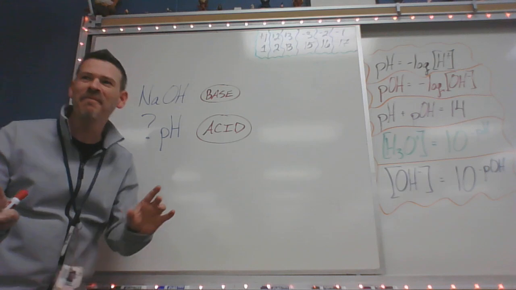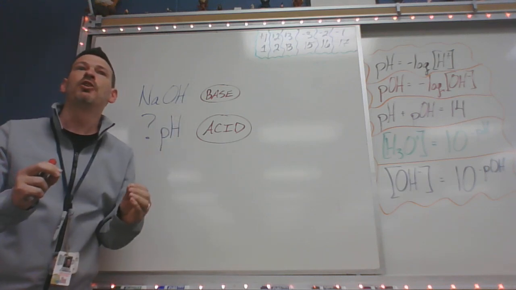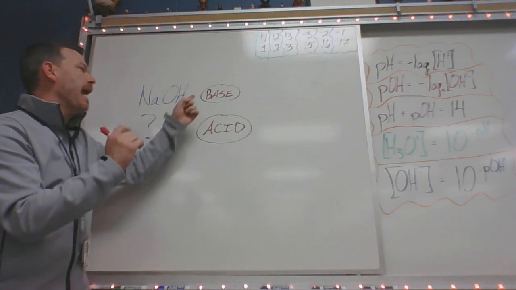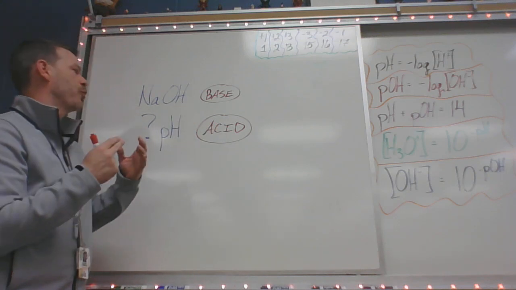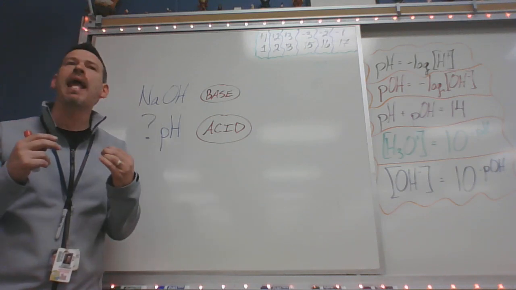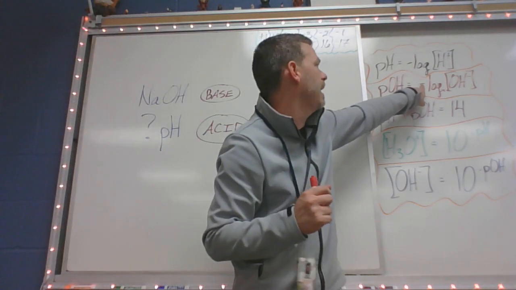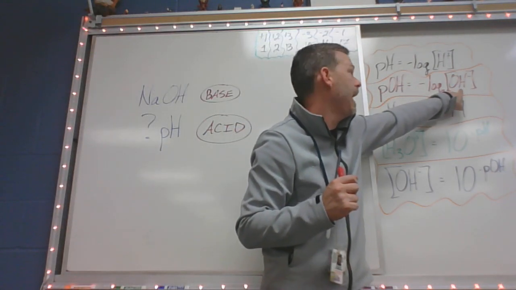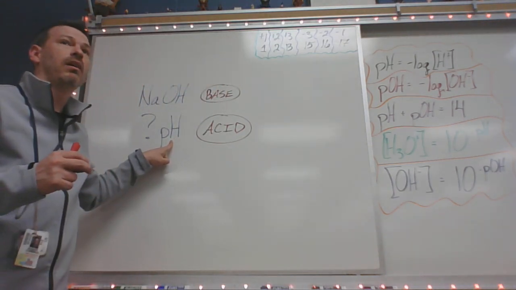Do you see how they are mismatched this time? Here's the deal: if they're mismatched, there's going to be two steps. Watch me think through this. We are still going to go negative log, but they gave us a base. If you take the negative log of a base, it will spit out pOH, and that is not what they want.